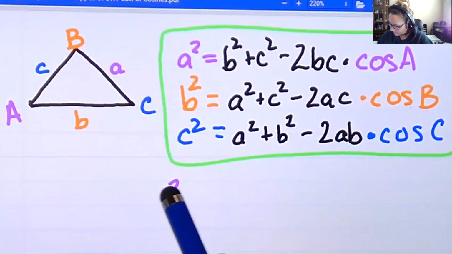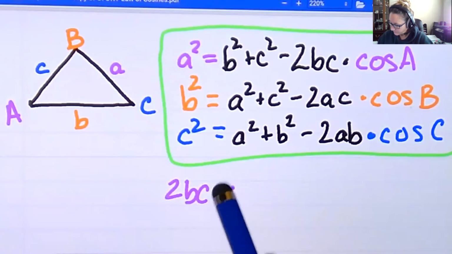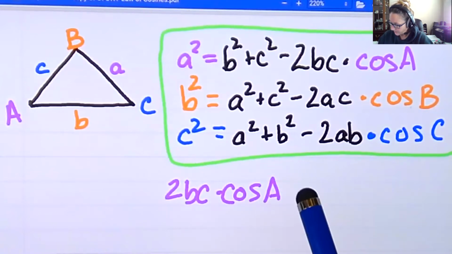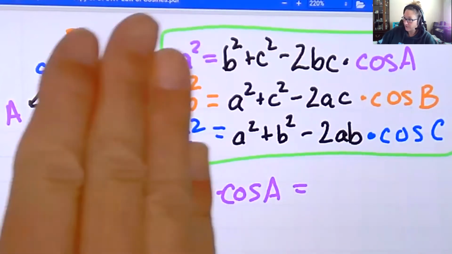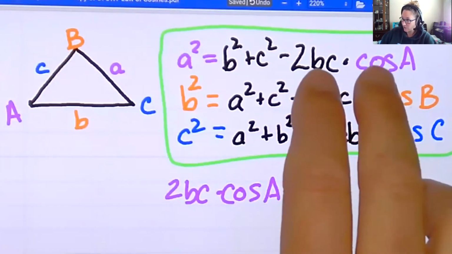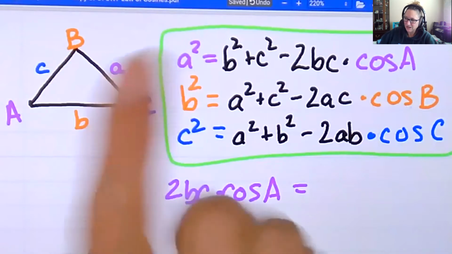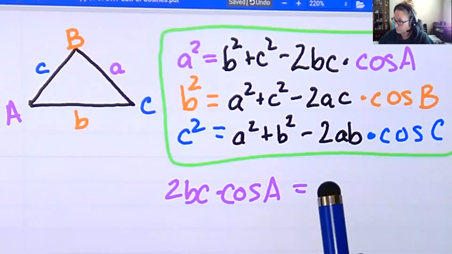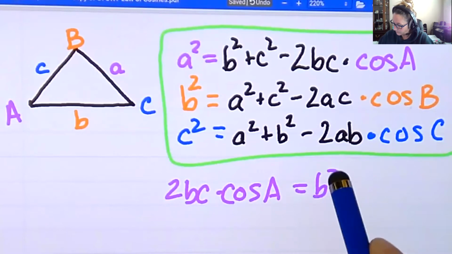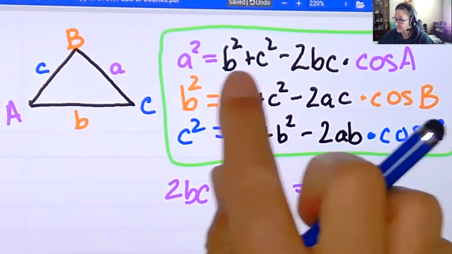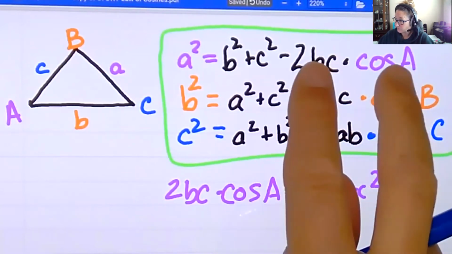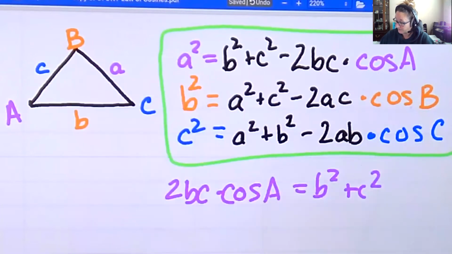So I would put the 2bc times cosine of A on this side. I basically added it here, so it's gone from there. Now, when I add it, I'd have this a squared over here. I don't want that a squared over here, so I'm going to subtract it, which means I would have b squared plus c squared still. Again, this got moved over to the other side, and now I'm going to subtract my a squared.